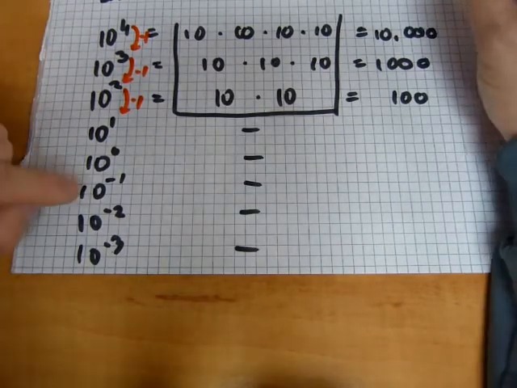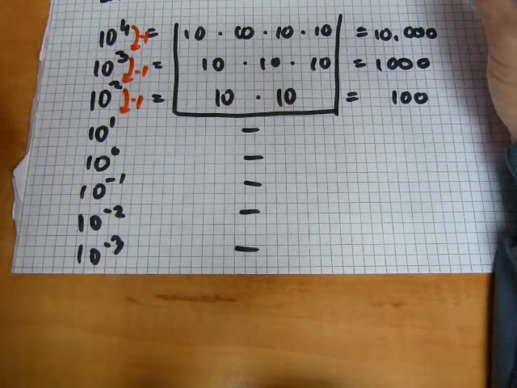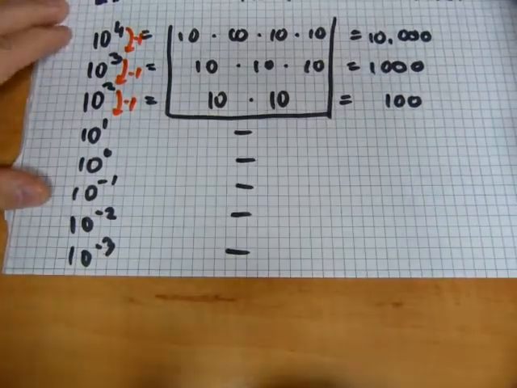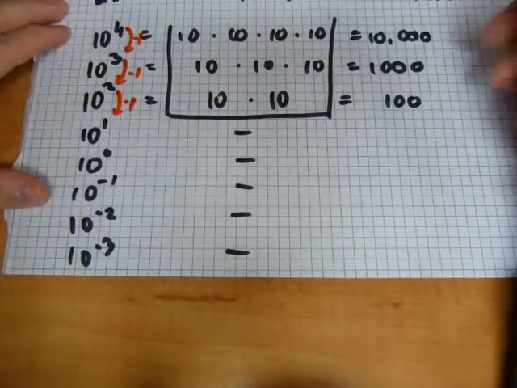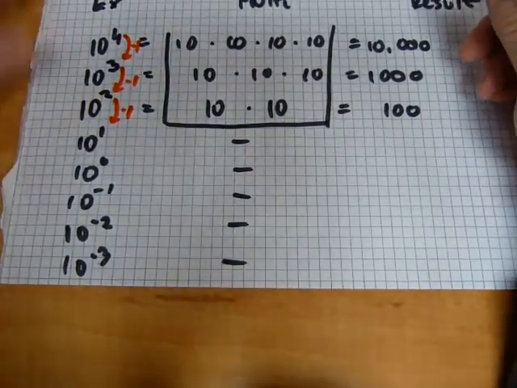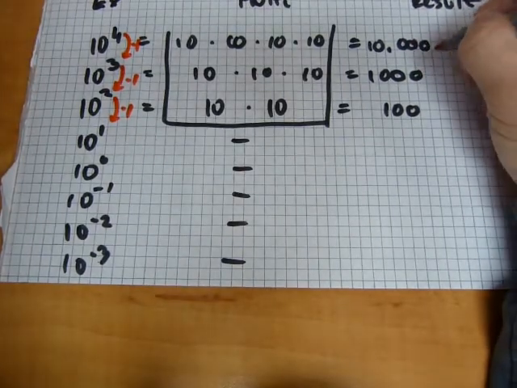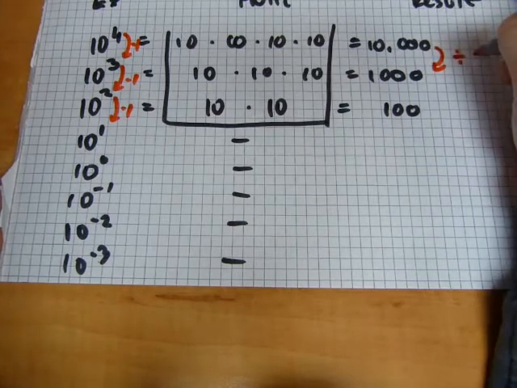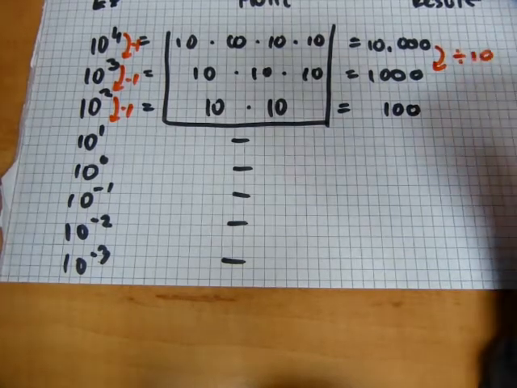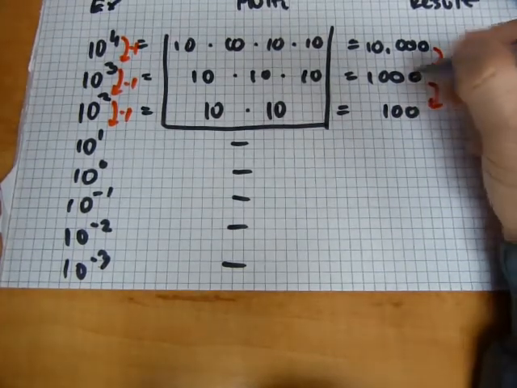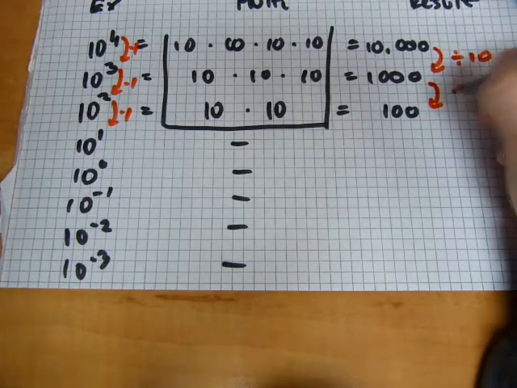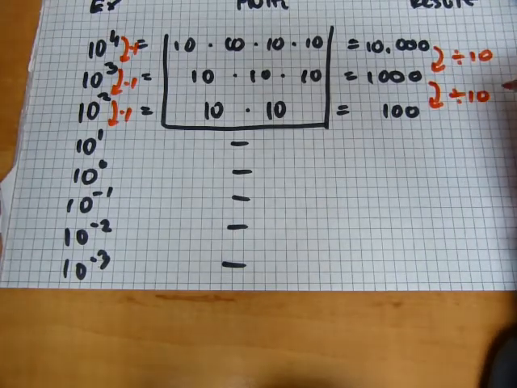However, 10 to the power of negative 2 is still a number, and we're going to get to it the same way as we worked our way through with the multiples of 2. So to get from 10,000 to 1,000, we divide by 10, dividing by the base. To get from 1,000 to 100, we again divide by the base.